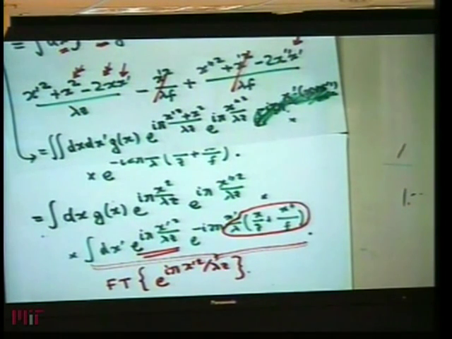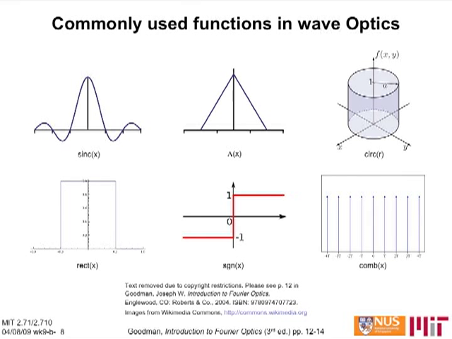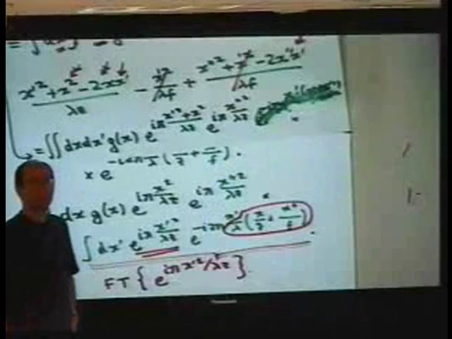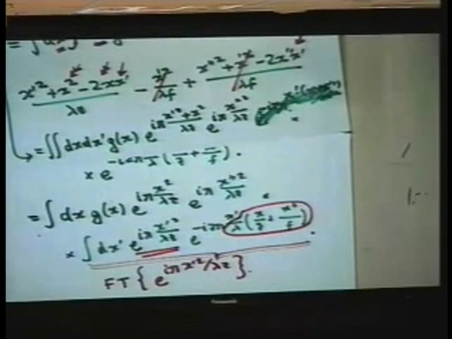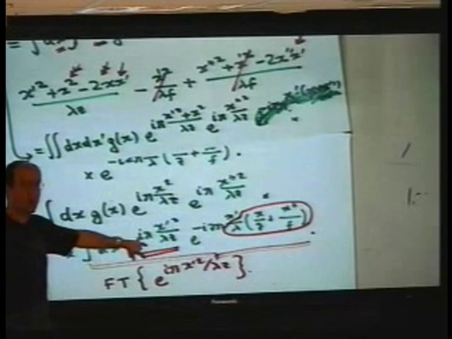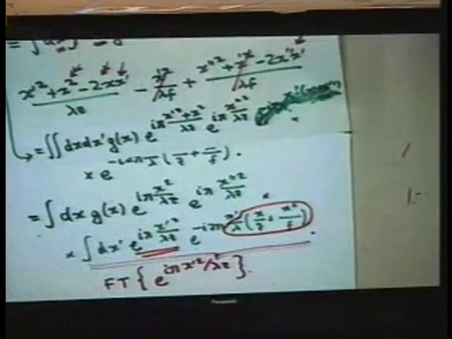And we recognize this integral. We recognize this Fourier transform. It is the second row from the bottom. If you look at this expression and the expression over here, it is actually the same Fourier transform. What you see here is the Fourier transform of a quadratic phase in the exponential.